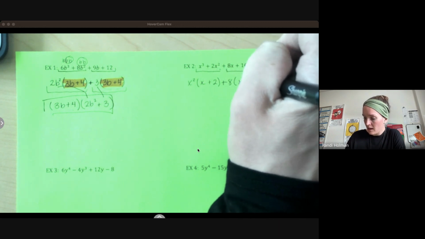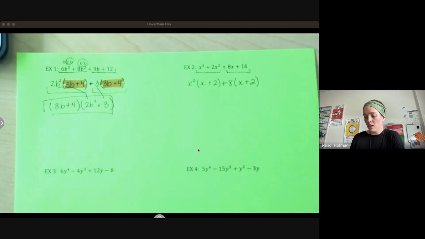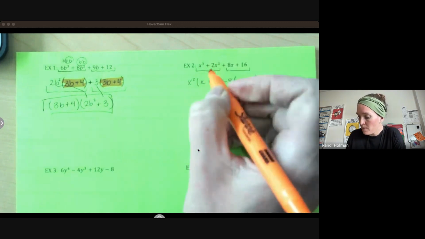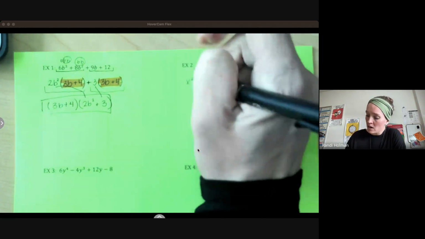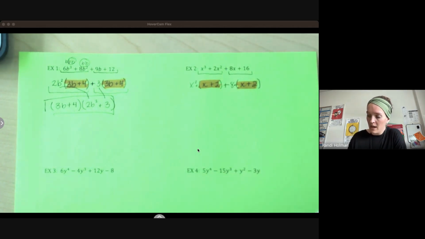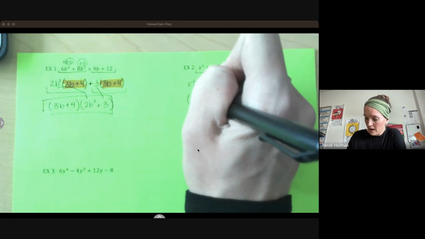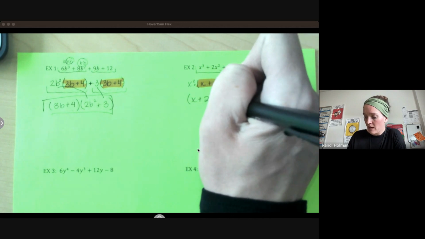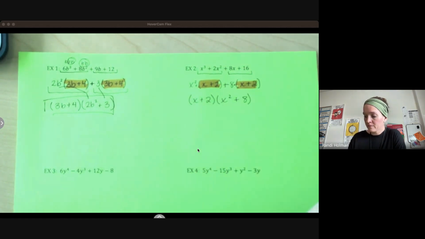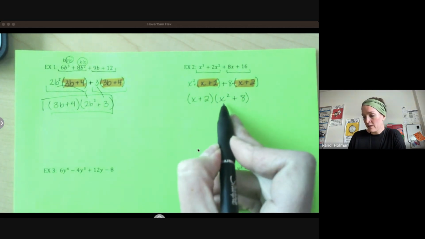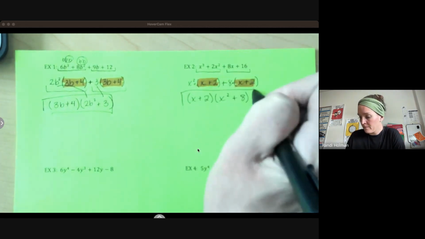We're left with x plus 2. And really we want that x plus 2 to match up, so that's a good sign. Because now both of these things are being multiplied by x plus 2. So that is a factor of both of them. I can factor that out, and I'm left with x squared plus 8. Can't factor further, all done.